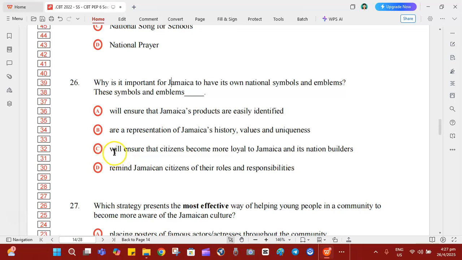C says they will ensure that citizens become more loyal to Jamaica and its nation builders. And D says they will remind Jamaican citizens of their roles and responsibility. The answer would be B. They are a unique representation of Jamaica's history, values, and uniqueness.